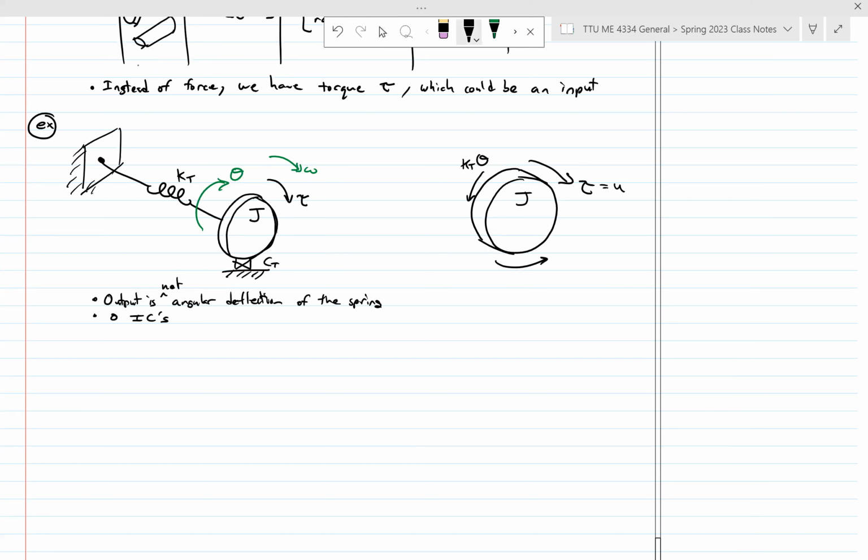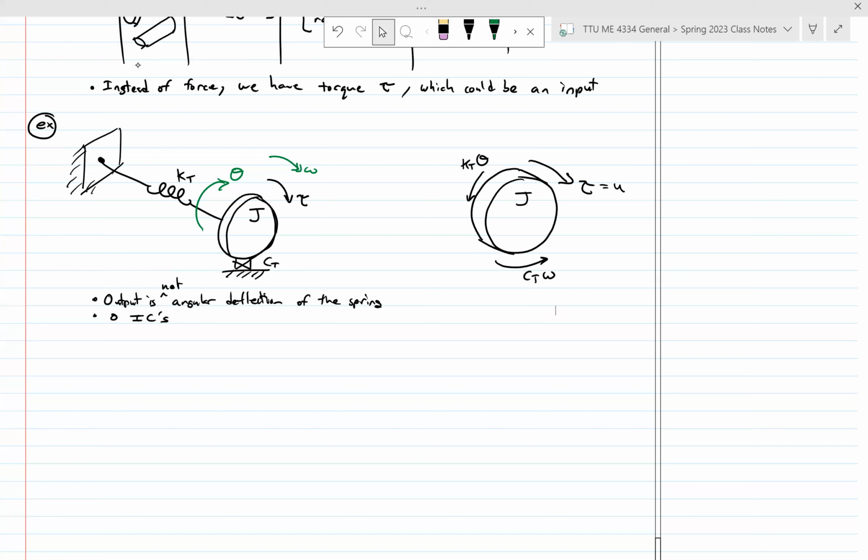Counterclockwise. And what's that torque going to be? C_T. Now, is this omega or is this theta? This one's omega, right? Okay. Any other torques that are acting on our system here?